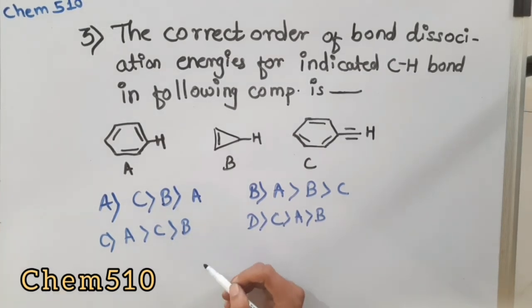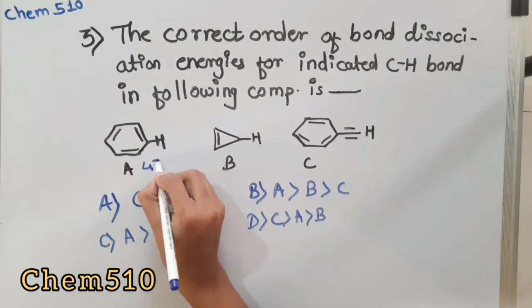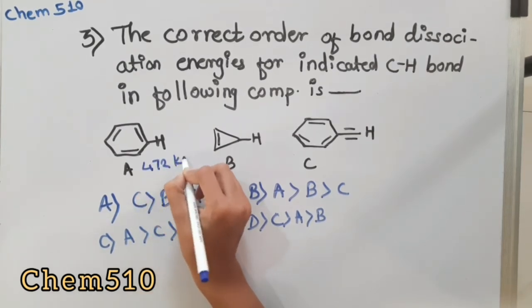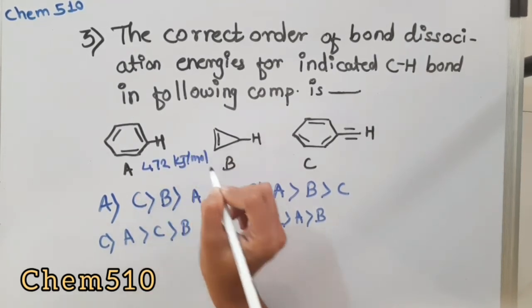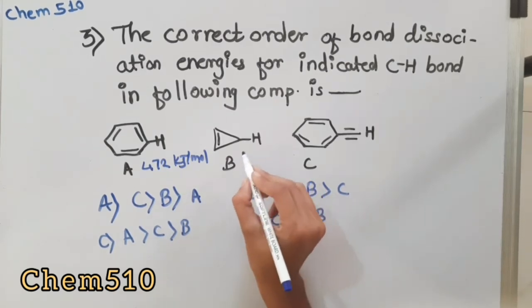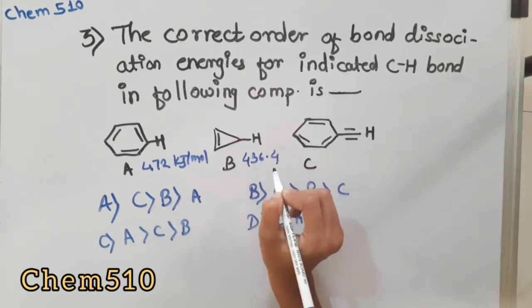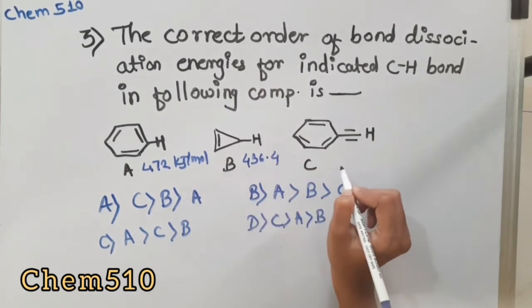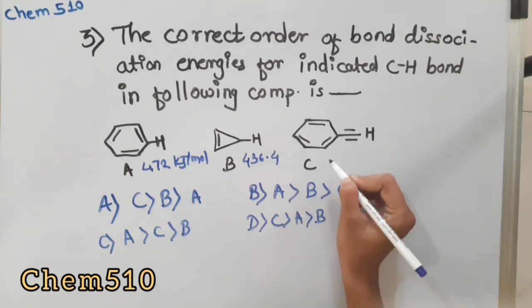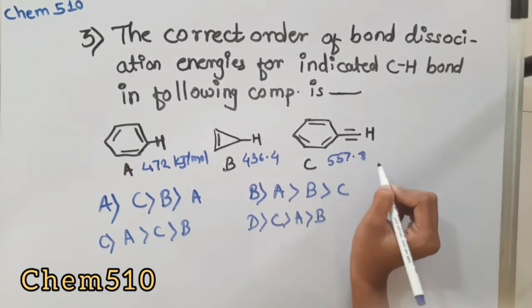So the bond dissociation energy for benzene is 472 kilojoule per mole. Then cyclopropene is 436.4 kilojoule per mole, and phenylacetylene is 557.8 kilojoule per mole.